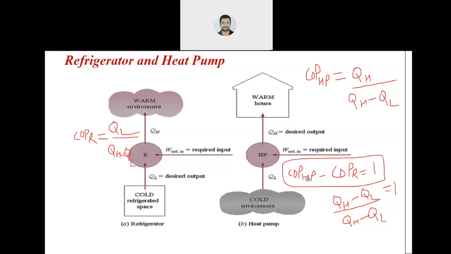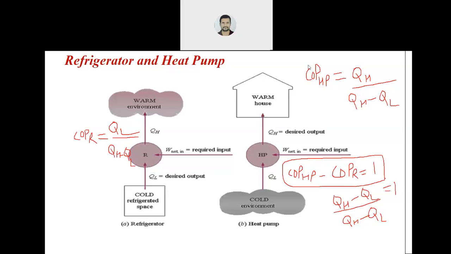So we can say COP of HP is always greater than COP of refrigerator by a quantity 1. If in a question COP of refrigerator is given, just add 1, you will get COP of heat pump. Right? This is an important conclusion.